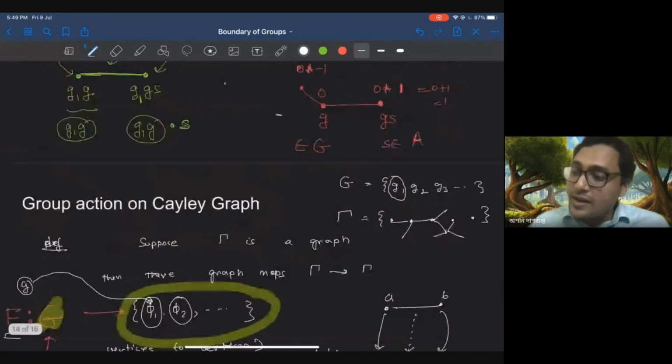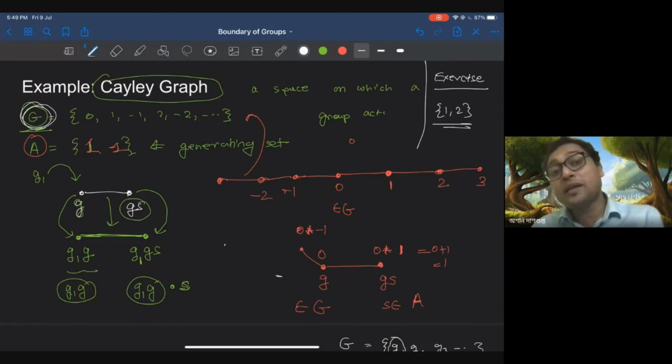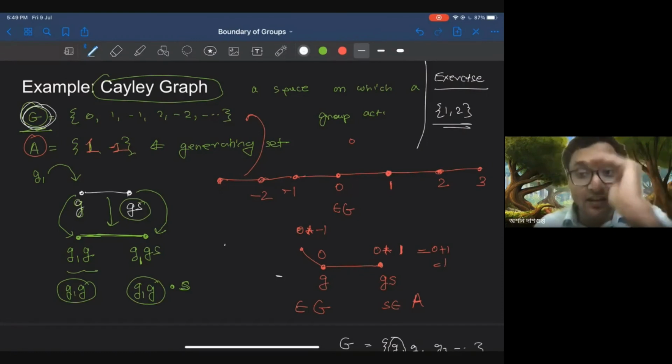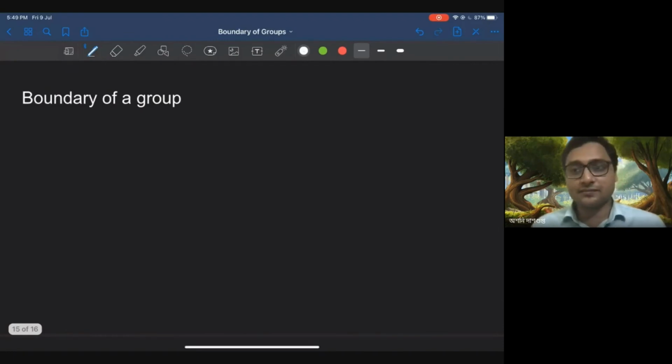So I gave you an example of a graph, that is the Cayley graph. And I gave you an example how a group can act on its Cayley graph, left action. This brings us to the meat of the matter. You see, in the last few minutes, I will briefly describe the main work that we did.